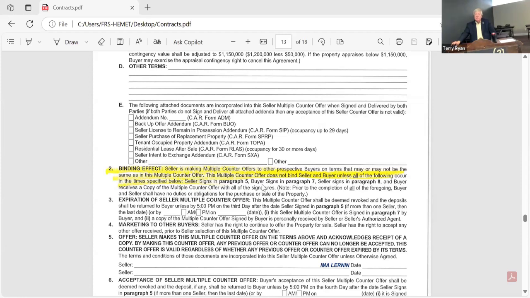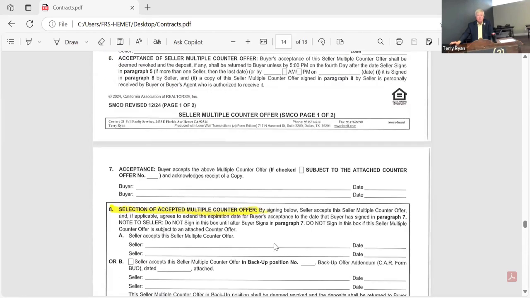And then here it says, this multiple counteroffer does not bind seller and buyer unless all of the following occur. And when you look at the following, this is one of the biggies. The seller signs it, right? And they send it out. That's where the seller signs, right here. Then the buyer signs it, and that's in paragraph 7, which is right here.